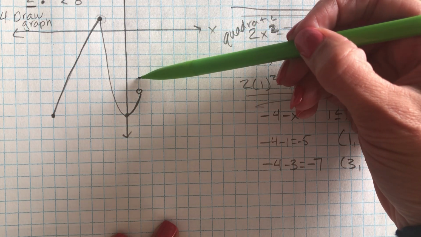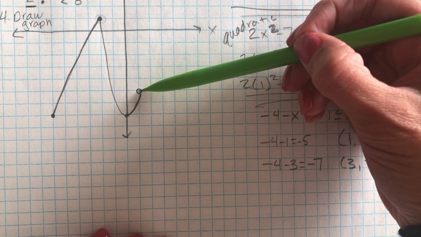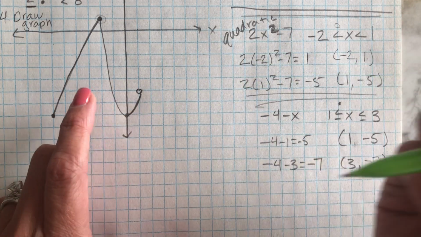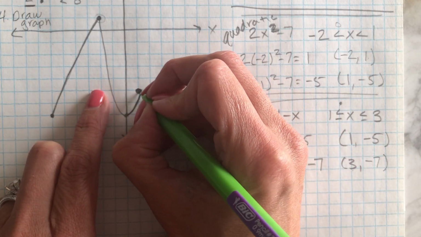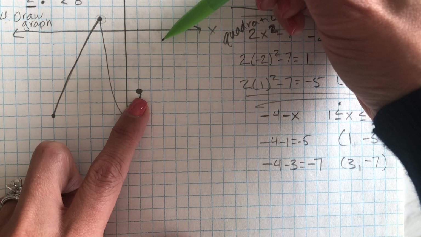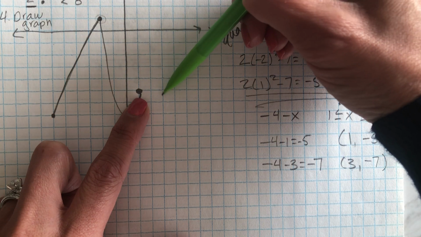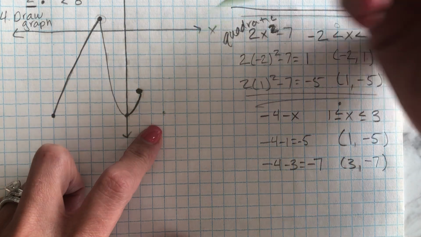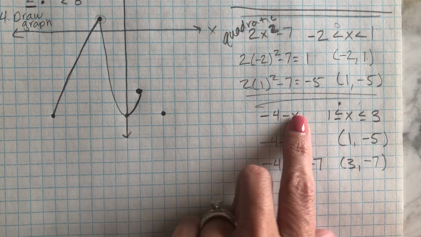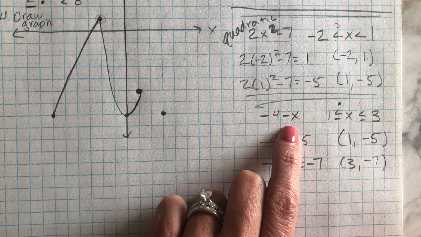1, 2, 3, 4, 5. Oh, it ended right here. Remember, the solid always overrides the open. So I'm going to make this solid now. And then 3, -7. And that's closed. Okay, this is a y = mx plus b.